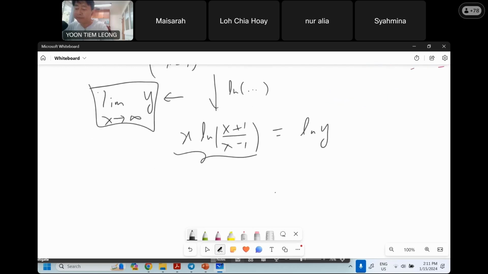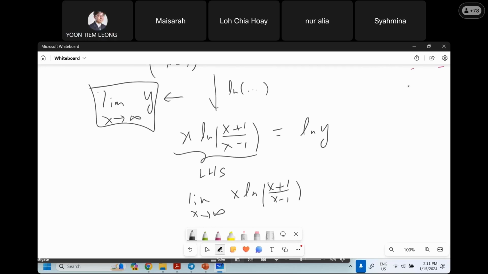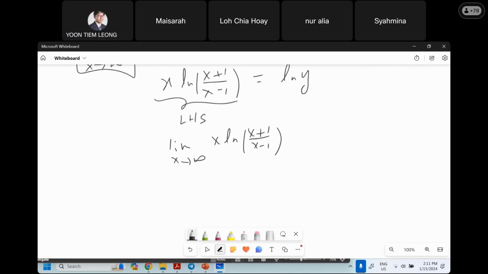You look at the left hand side. You take the limit of x goes to infinity for the left hand side, which is the limit of x times log of (x plus 1 over x minus 1). So before you proceed on, you have to be able to analyze the behaviors of this expression. Here x will be going to infinity, and what would this be? This x plus 1 will be going to infinity when x goes to infinity.